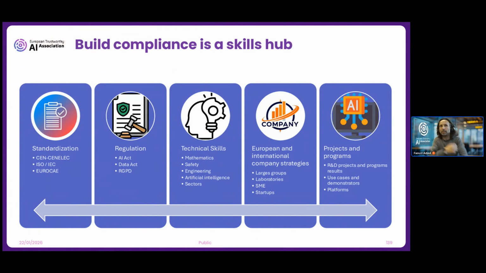So we can summarize this by saying that build compliance is a skills hub. We have standardization in one part, which is what I presented just now, and we have regulation. I presented the AI Act, but we also have the RGPD, the GDPR, which is famous for personal data.